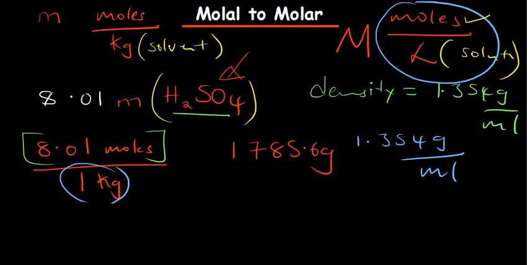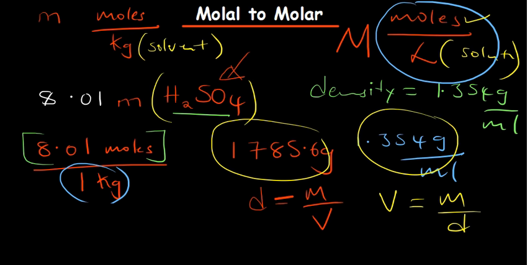Okay, so at this point, since we've got the mass and the density, we know density is equal to mass over volume. So if you make the volume the subject, volume becomes mass divided by the density. So this mass divided by 1.354 as our density.